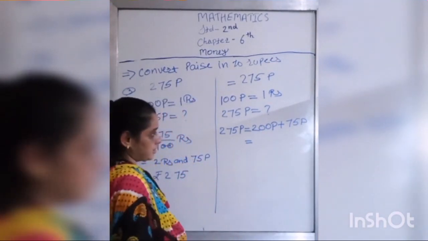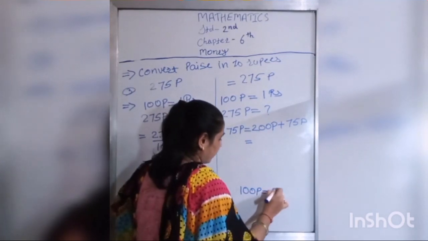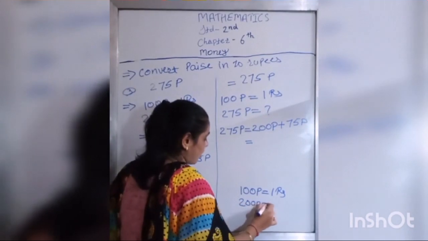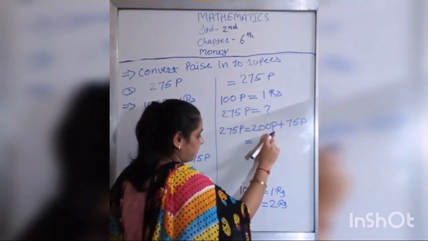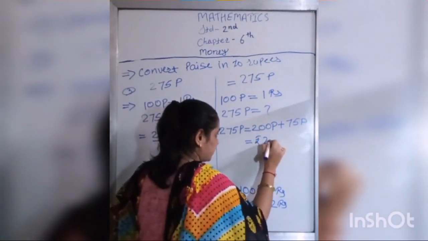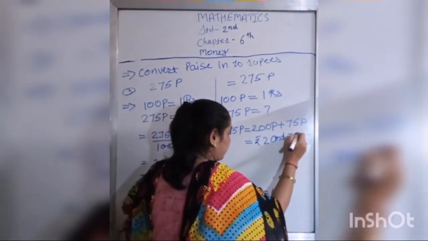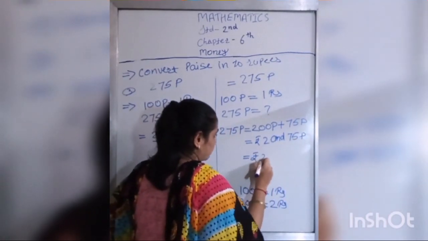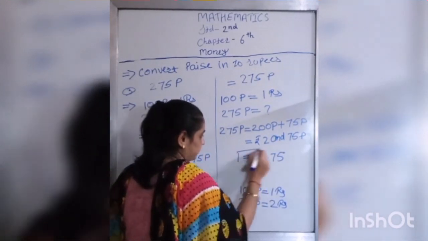In the previous example, we have seen that 100 paise is equal to 1 rupee. So 200 paise is equal to how many rupees? 2 rupees. So 200 paise will become 2 rupees plus 75 paise. So we can write this as 2 rupees 75 paise. Understood?